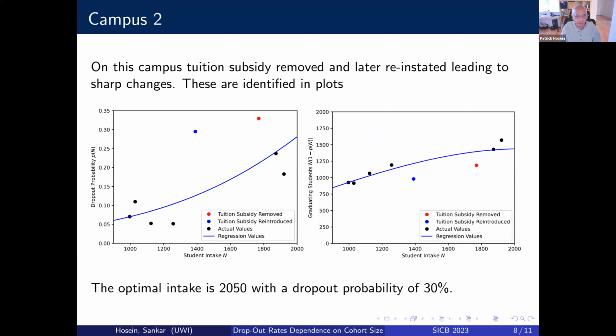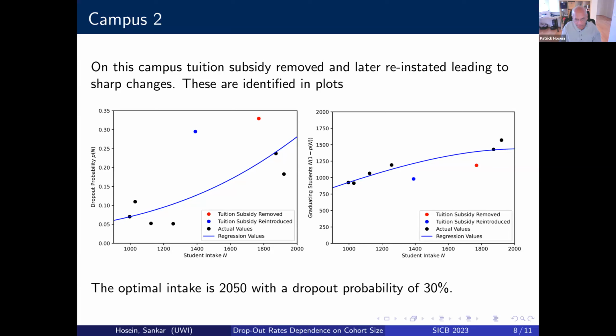This is for campus 2. And we again saw outliers here. So that blue mark and that red mark. It turns out for this particular campus, the blue point and red point correspond to 2 events. One event is when the campus decided to stop subsidizing fees. All right, and some of you probably know which campus that is.